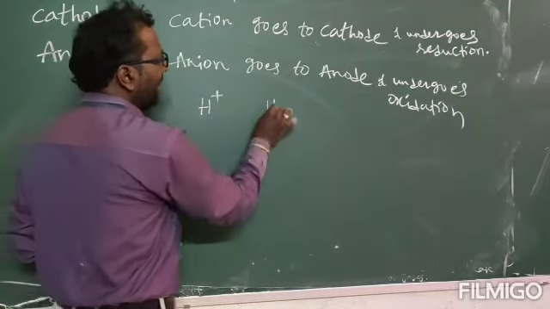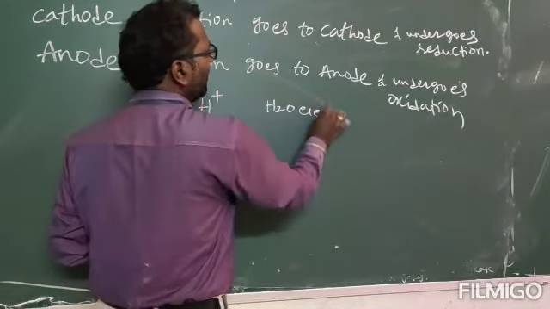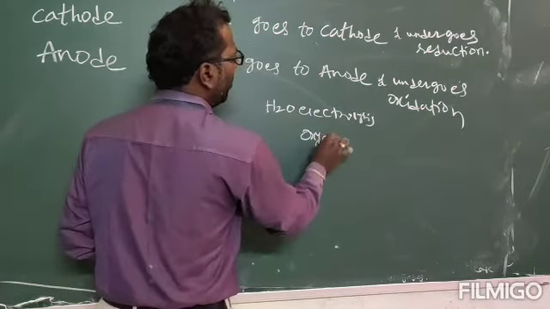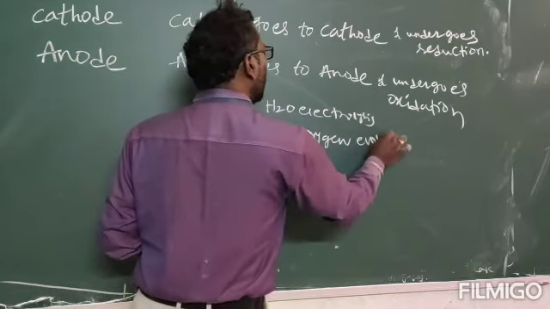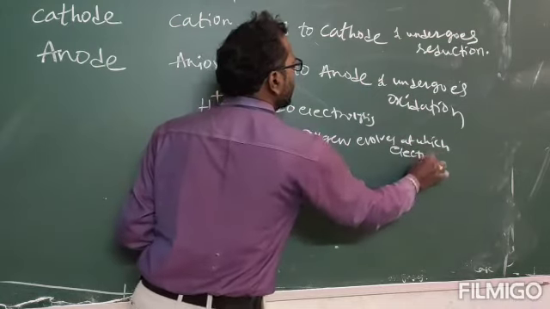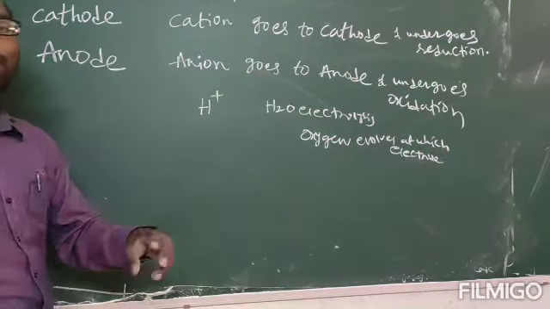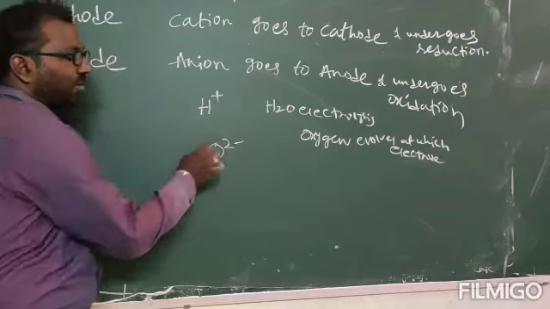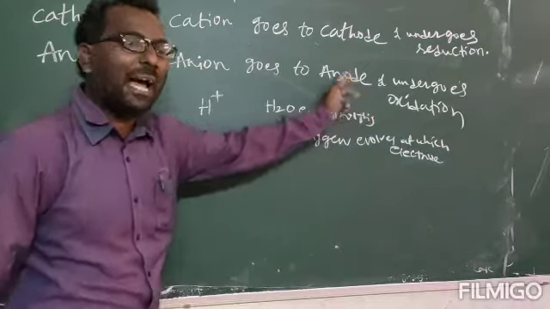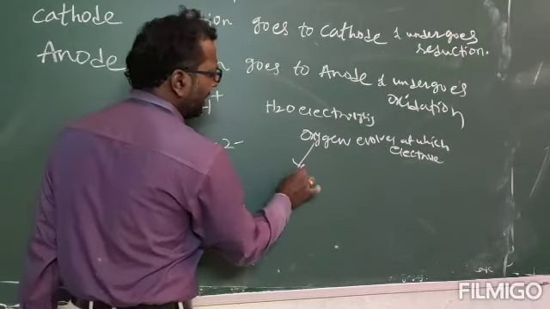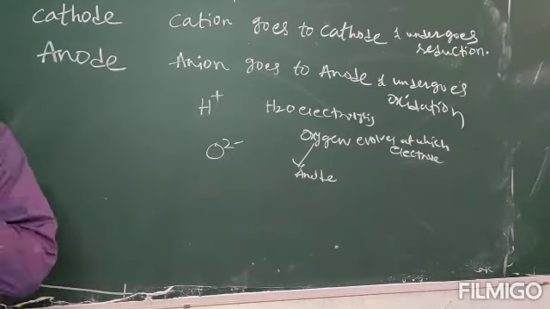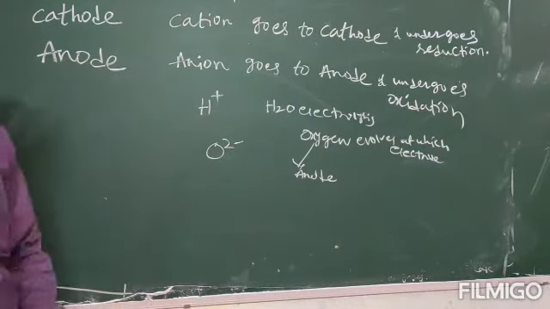Suppose in H2O electrolysis, oxygen evolves at which electrode? This is the competitive example. So oxygen means O2-. Minus means anion. Anion goes where? Anode. So oxygen liberates at the anode. Like this we can write blindly. This is the shortcut method.